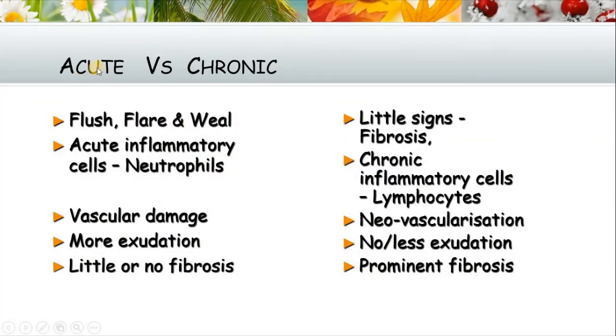At last, again review acute and chronic inflammation. Acute inflammation is characterized by flush, flare, and wheal. For you, flush, flare, and wheal. There is congestion and heat, while there is little sign in chronic inflammation.